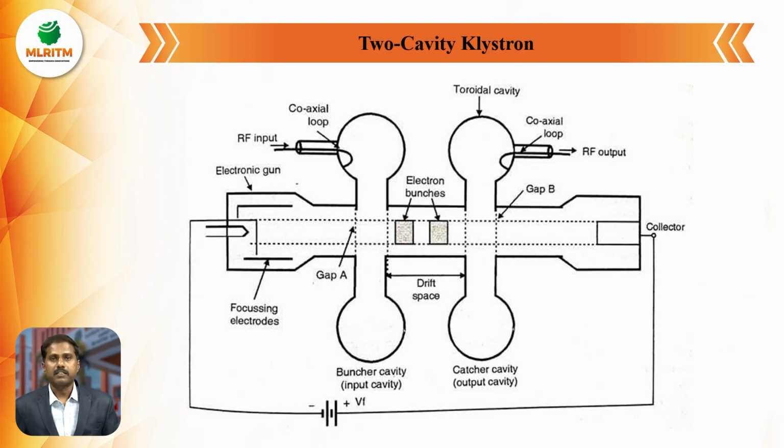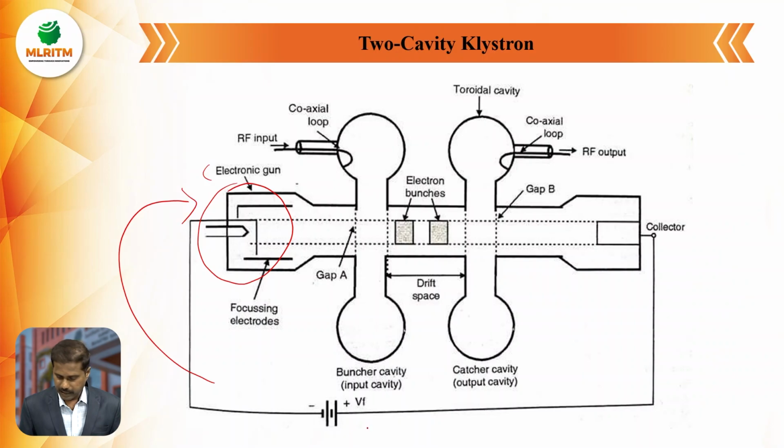Let us discuss the two-cavity Klystron in brief. This is called the input side, and it has the two focusing rods here, connected with the electron gun, which is connected to the negative side of the potential barrier.